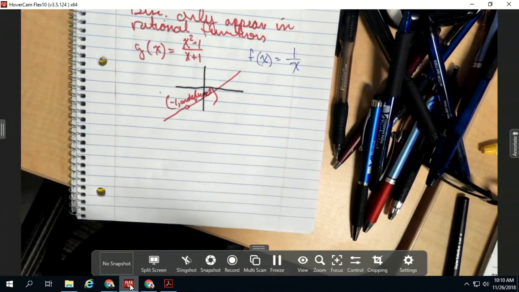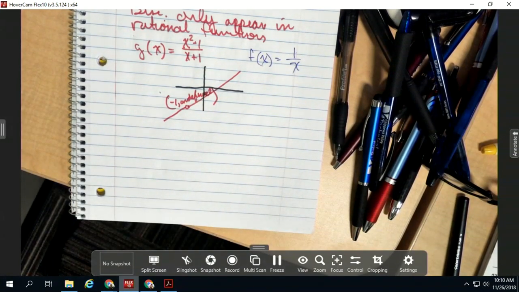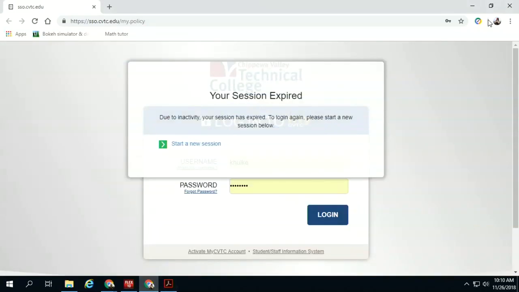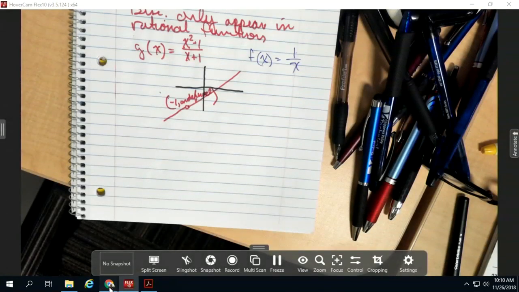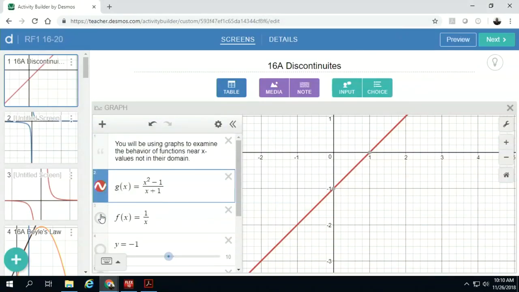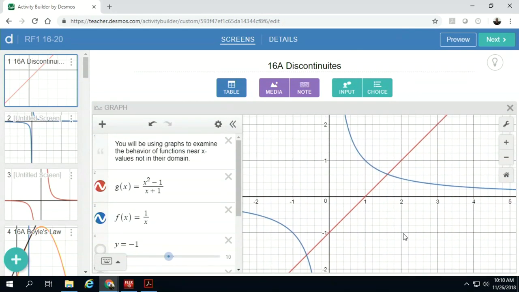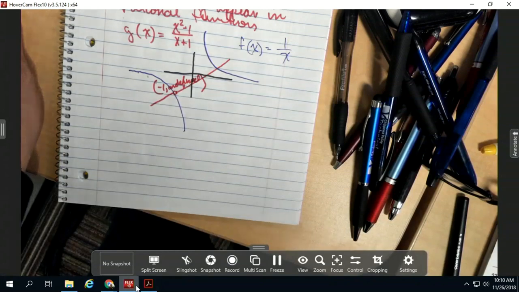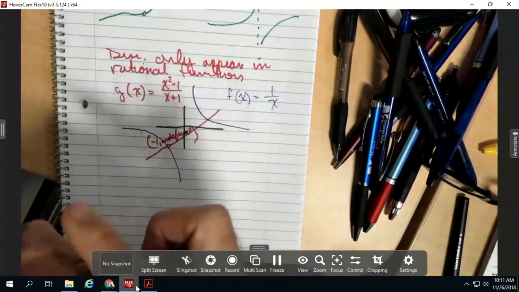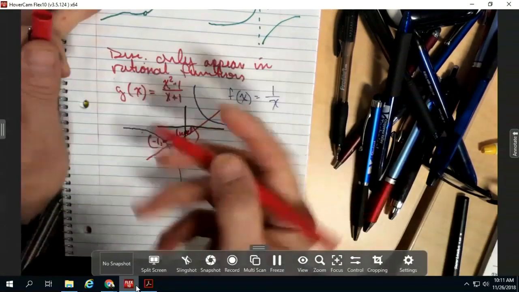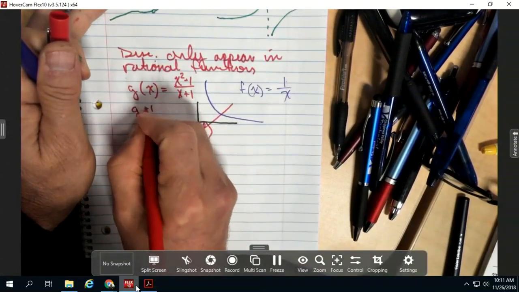Graph the function 1 over x. So I'm going to graph it on the same axes. 1 over x. And it looks like that. Then it says, oh, I'm sorry, we were looking for g of negative 1.